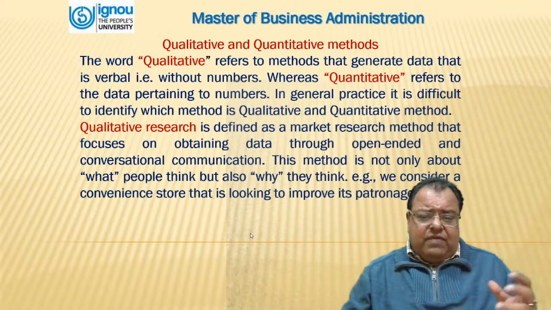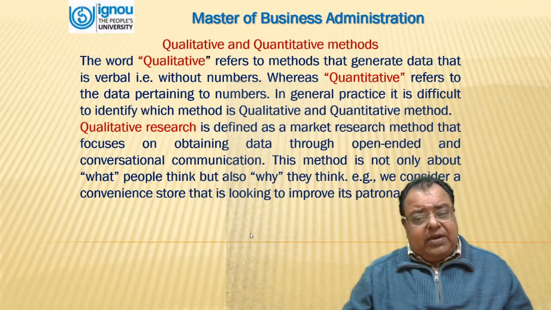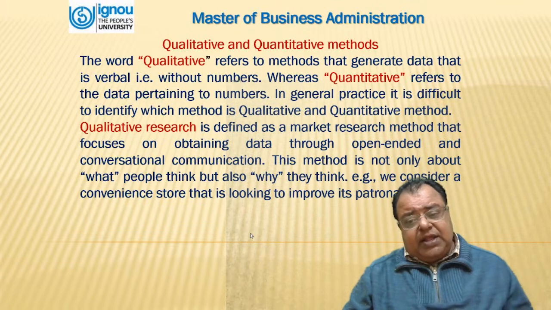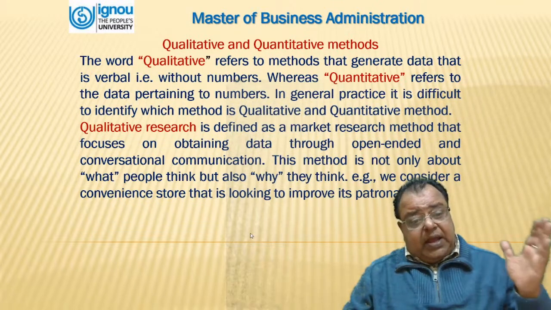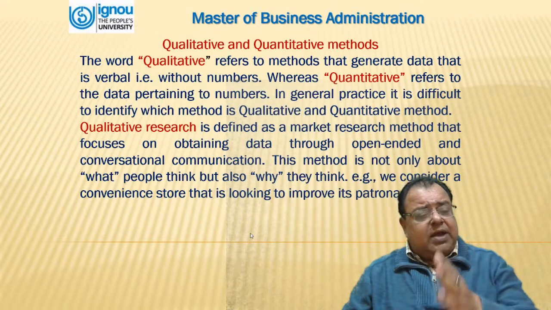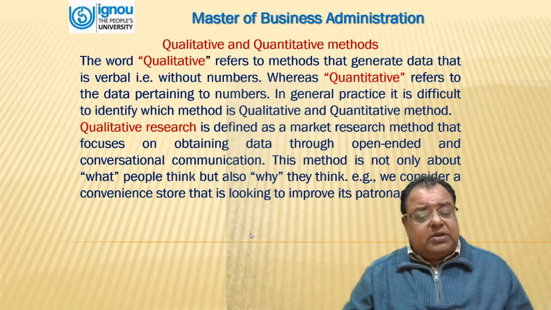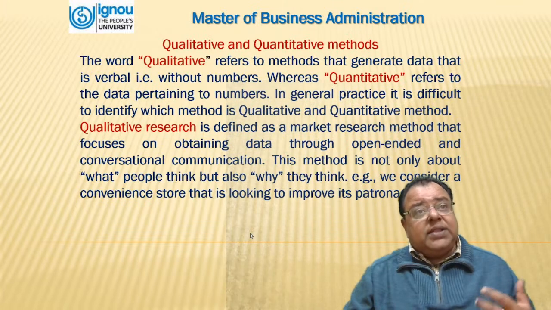Qualitative research is defined as a market research method that focuses on obtaining data through open-ended and conversational communication. This method is not only about what people think, but also why they think.